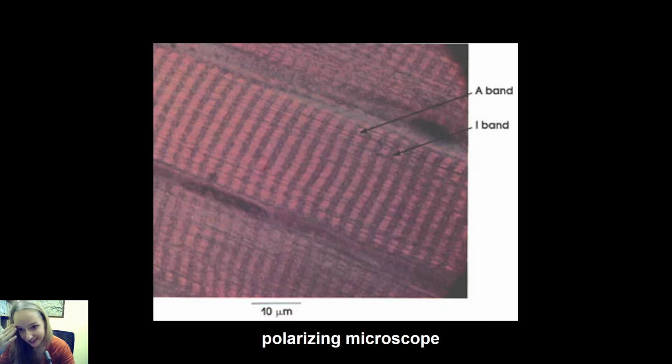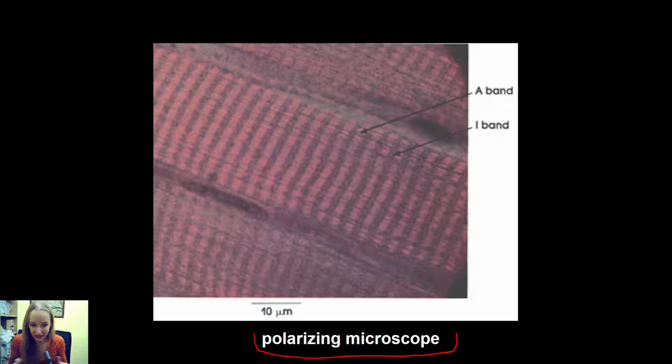So if we look at the same specimen through a polarizing microscope, that's a very special type of microscope, we see that the striation lights up, and it lights up in an opposite way.